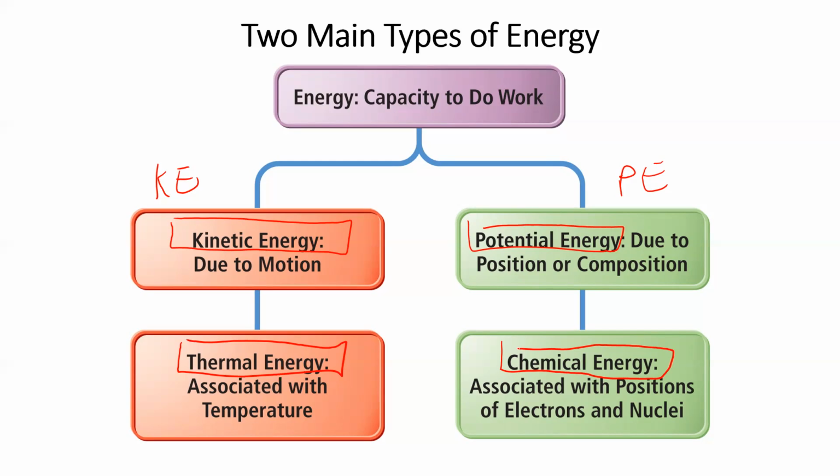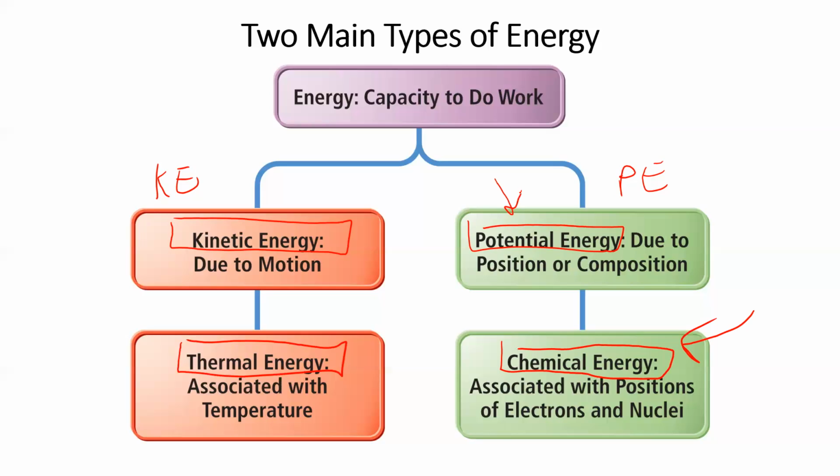Electrons are attracted to the nucleus, which has protons, because they're oppositely charged. Based on the position of those electrons, because they're valence electrons, and their distance from the nucleus, they have different amounts of chemical energy, which again is potential energy based on distance. So the distance of the electrons from the nucleus is chemical energy.